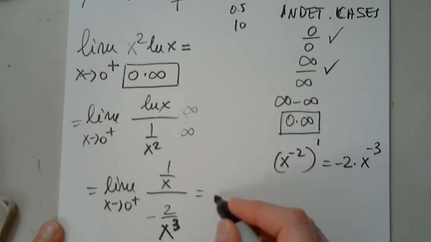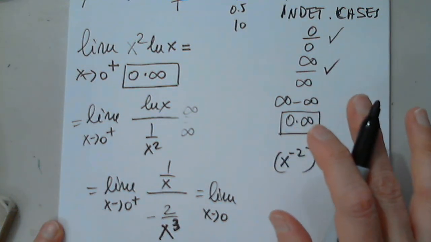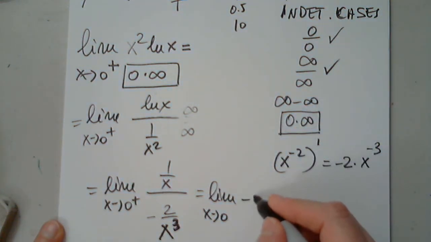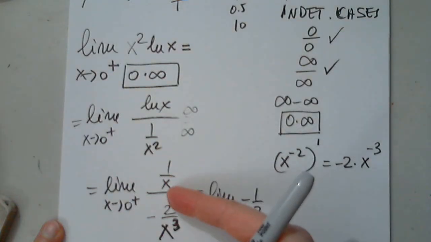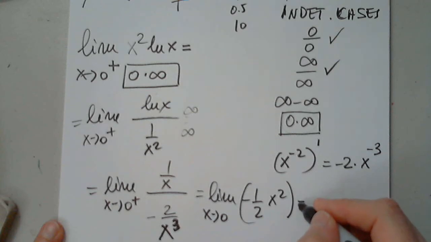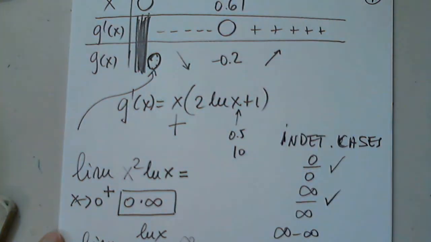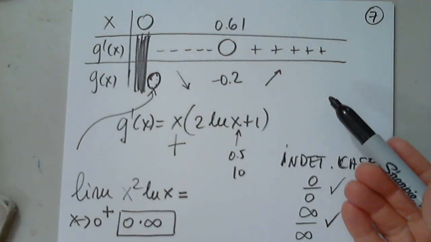So this will become the limit as x approaches 0, but not because 0 times infinity you can conclude that it's 0. No, you cannot. So this will be negative 1/2 x cubed over x, which is x squared. So this is 0.